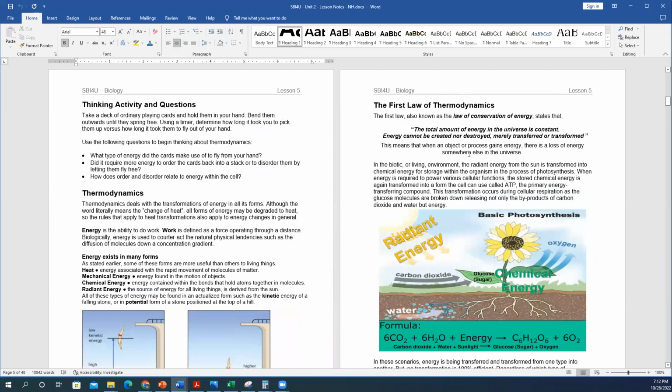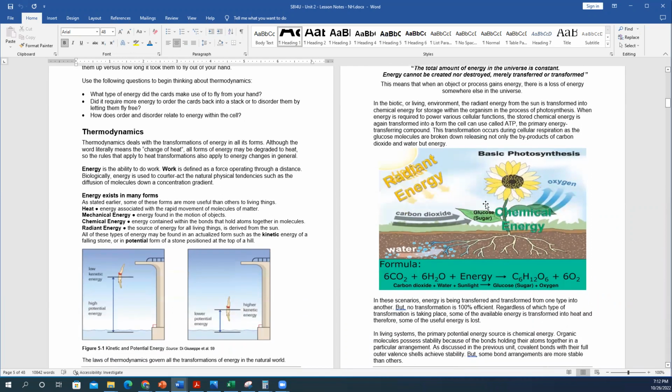We talked about the first law of thermodynamics, the law of conservation of energy, that says the total amount of energy in the universe is constant and energy can't be created or destroyed, just transformed from one form to another.